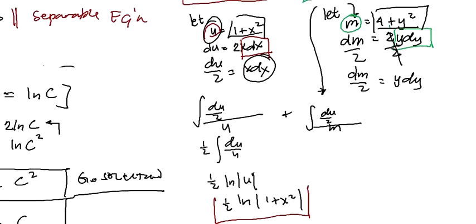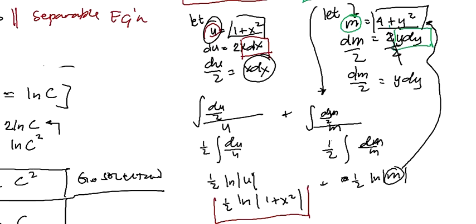And then we have 1/2 integral of dm over m, which is equal to 1/2 ln of m, wherein the value of our m is this.